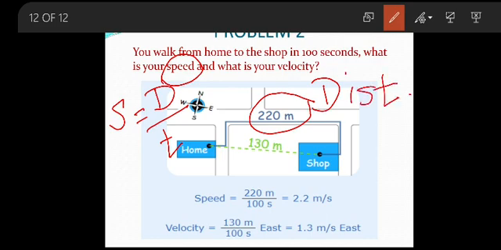I will substitute in the formula. Speed is equal to distance by time. Distance is 220 meter divided by time, which is given in the question itself, 100 seconds. Its answer is 2.2 meter per second. If they ask you to convert it into kilometer per hour, you can do so. But they never mentioned it in the question, so you can leave it as it is.